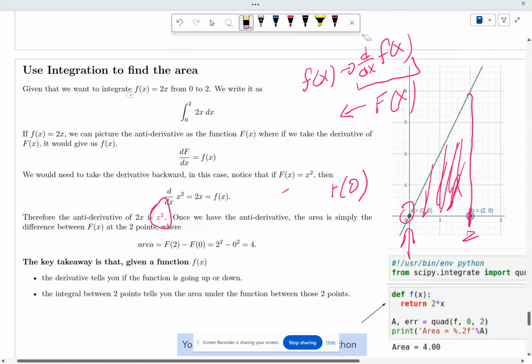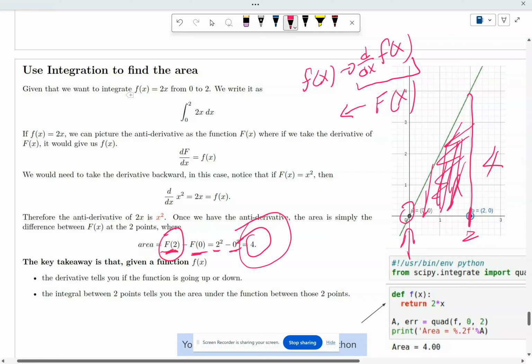So capital F of 2 is equal to 2 squared, and F of 0 is equal to 0, so the result is 4. Remember, we knew the area was 4 already. Instead of using geometry to calculate the area of a triangle, we used this concept of the antiderivative, doing the derivative backwards, and that also allows us to find the area.